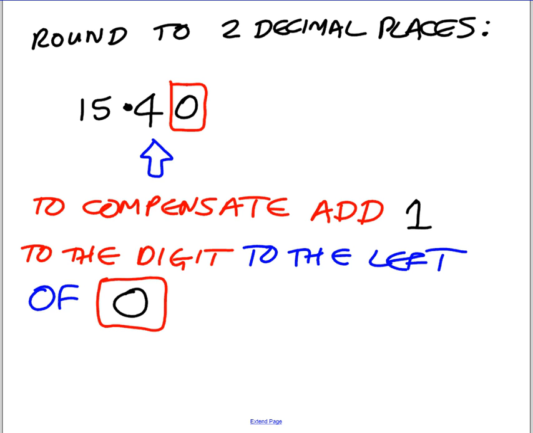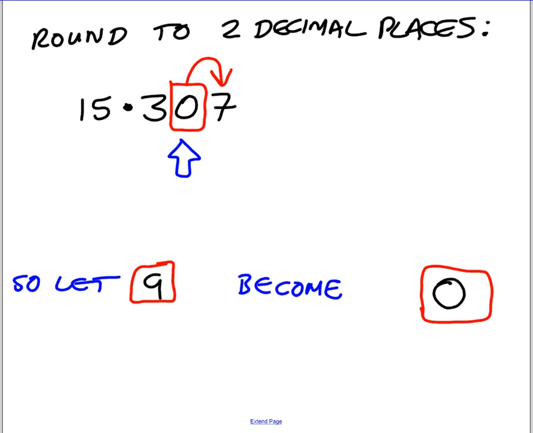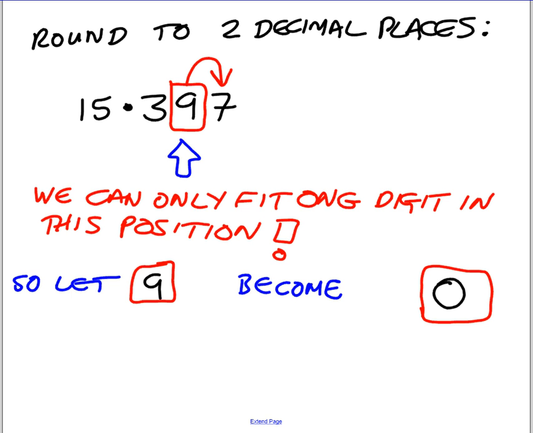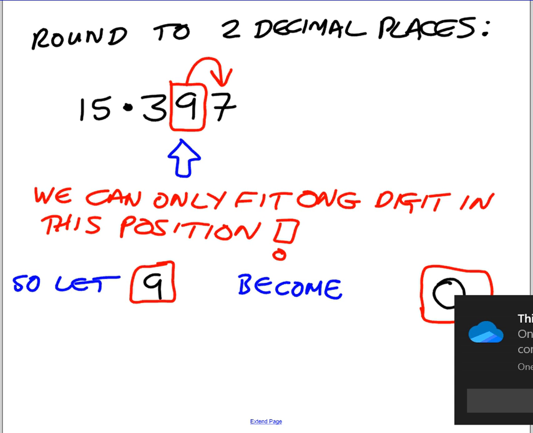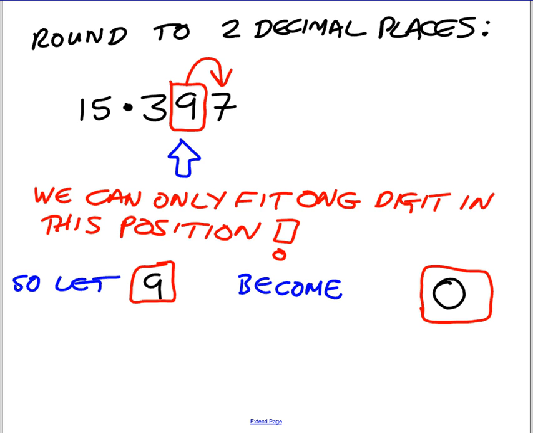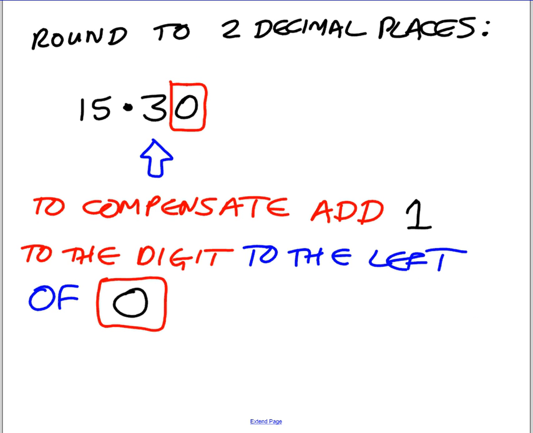So just to convince you, it looks like I'm going between 30 and 40. If you just consider the first 2 positions, 3, 9, would you think that 39 is closer to 30 or 40? For me, I think it's closer to 40.